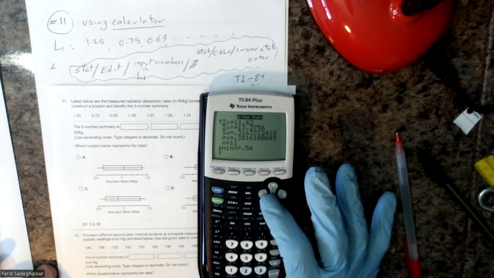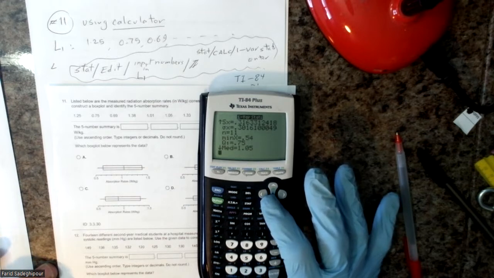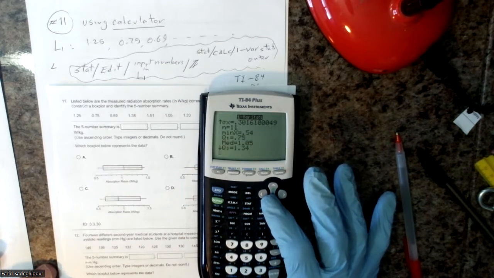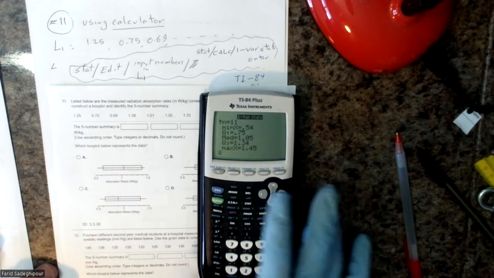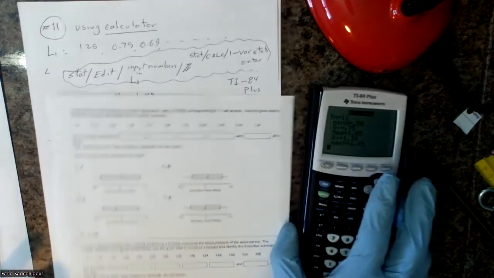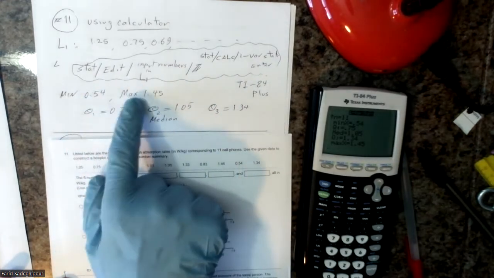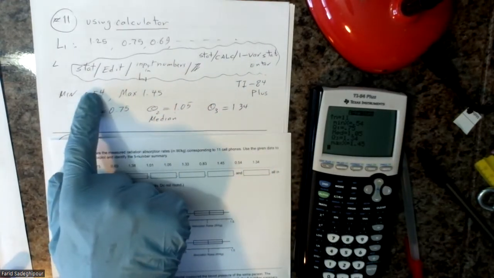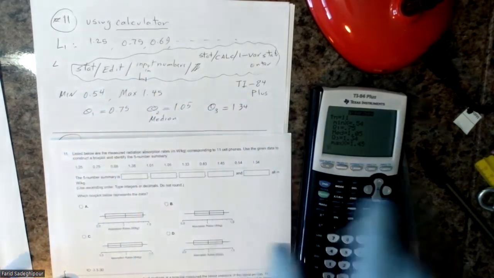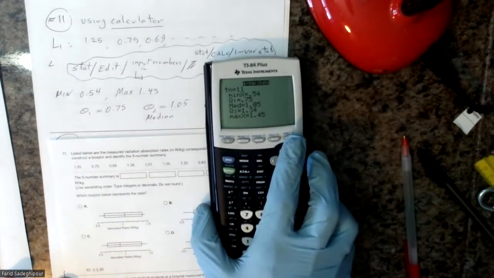Minimum is 0.54. You need that number. Q1 is 0.75. Median is Q2. Q2 is 1.05. Q3 is 1.34. And maximum is 1.45. So the calculator would give you all five numbers here. All numbers are in the calculator.